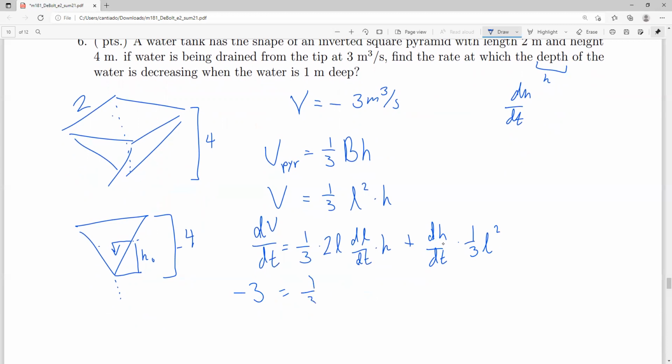So 2/3, L is 2. We do not know what dL/dt is. We do know that the initial height in this case is 1, right?